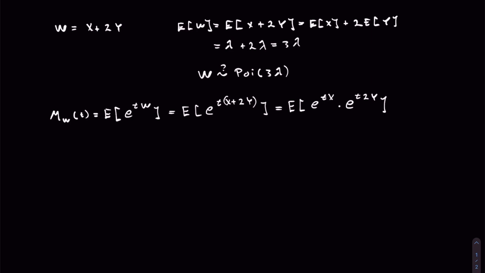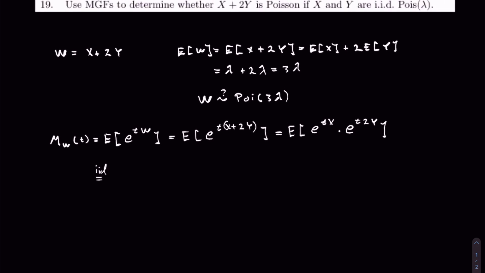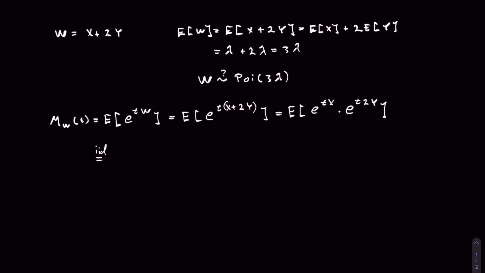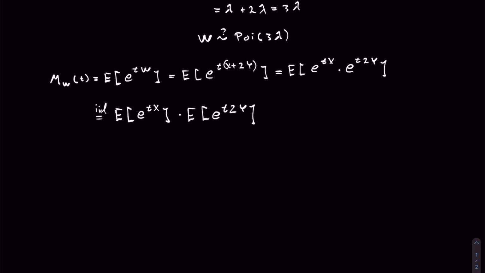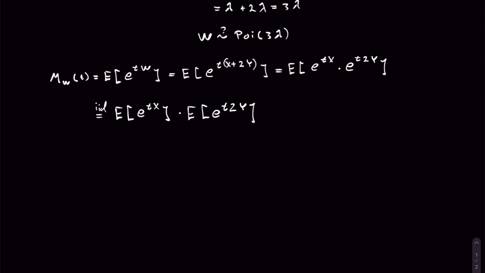Now we use the fact that X and Y are i.i.d. Then in that case, we can separate out the expectations like so. Now we can calculate these two separately and just multiply them.